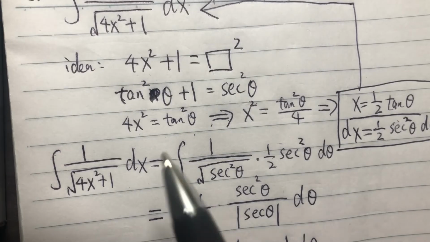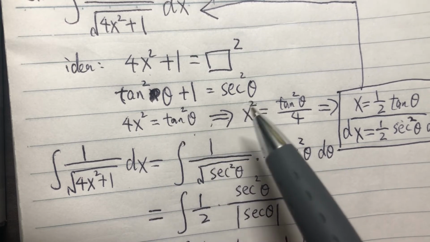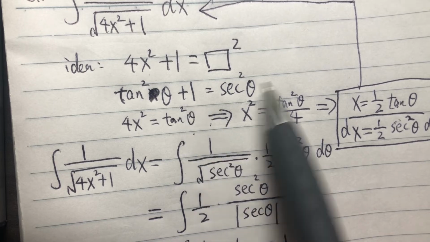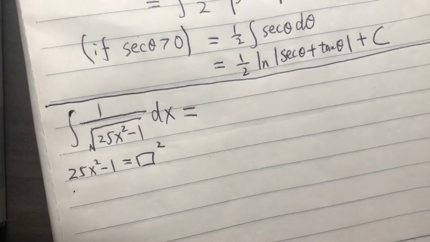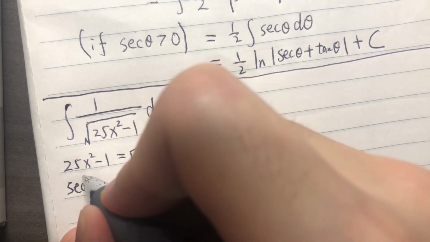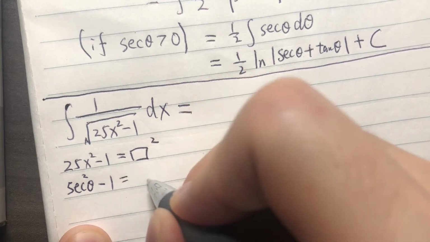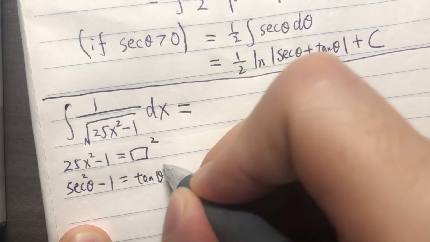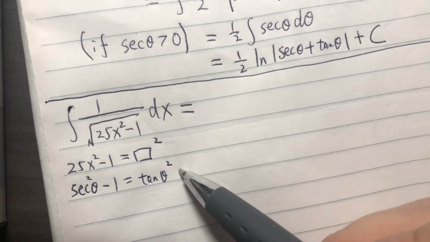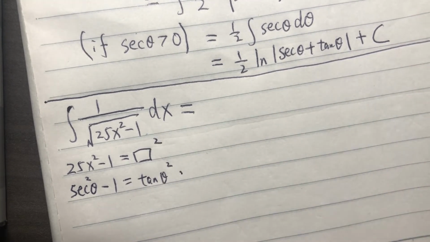Basically it's the same identity: tangent theta squared plus 1 equals secant theta squared. We just move this 1 to the right hand side. So we're going to use secant theta squared minus 1 equals tangent theta squared. And we use this identity because this constant is already 1.